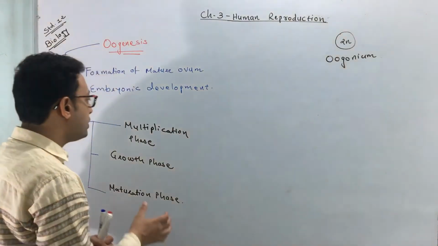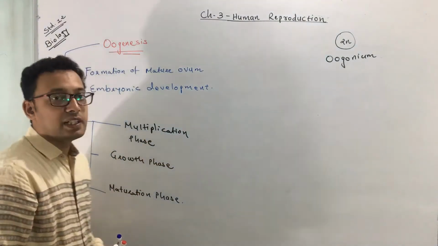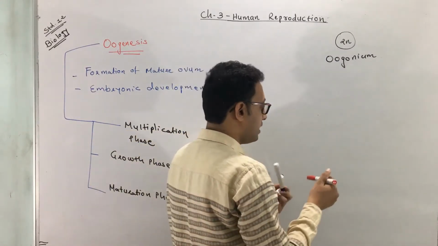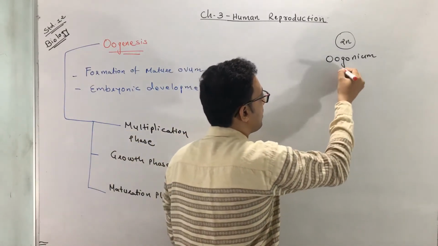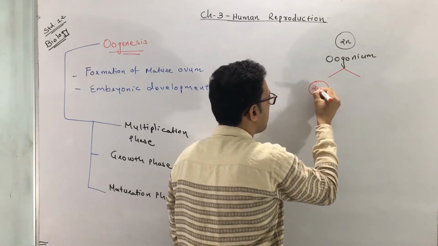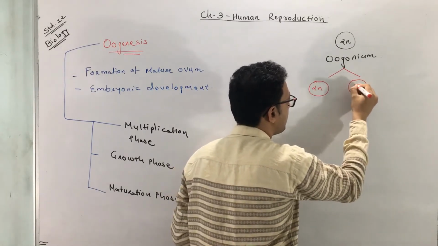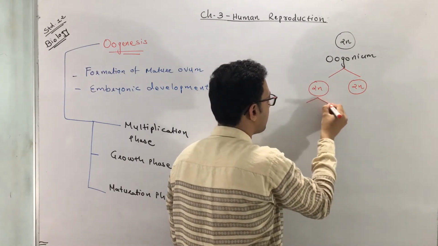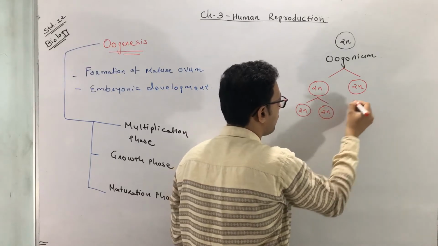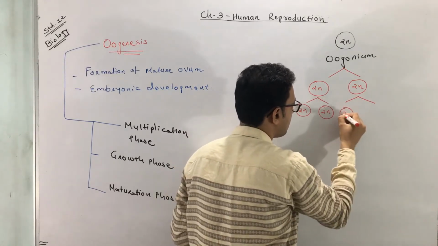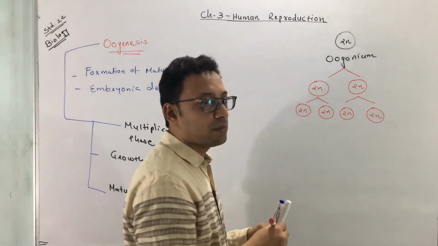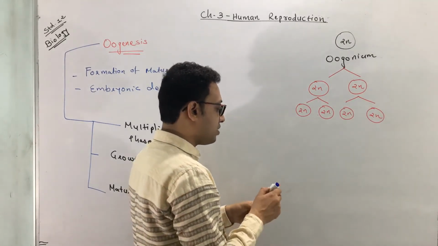Now it enters into the first phase, that is called multiplication. Here this oogonium multiplies rapidly by a process called mitosis. They continue to divide, and many oogonia are going to form, because here continuous multiplication occurs.